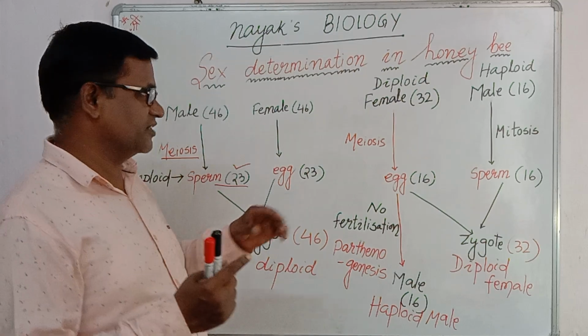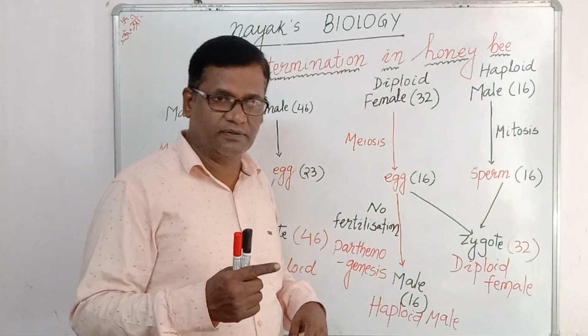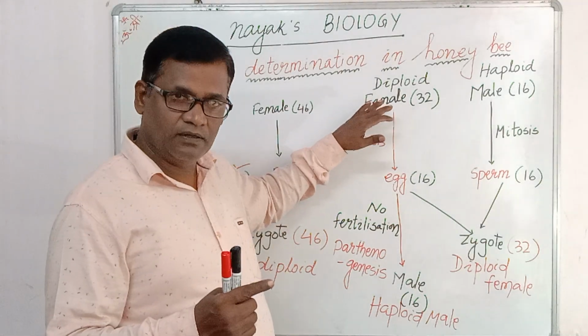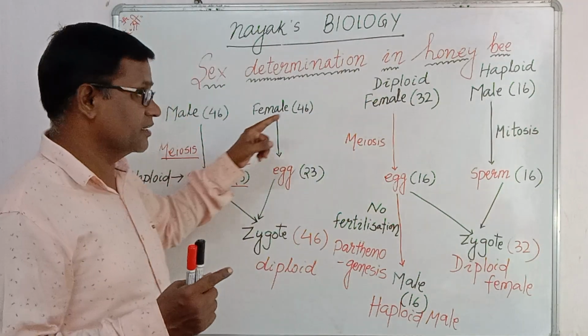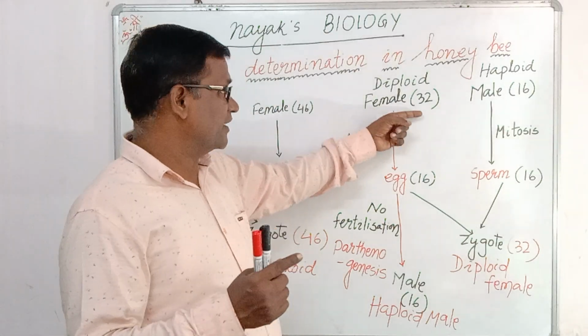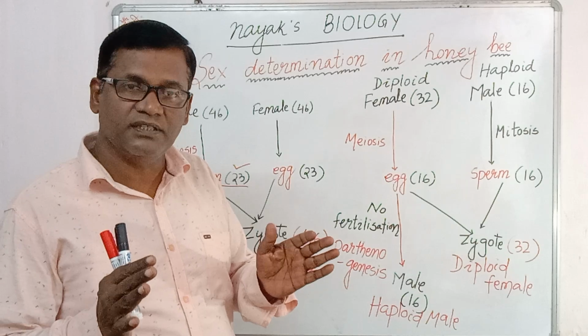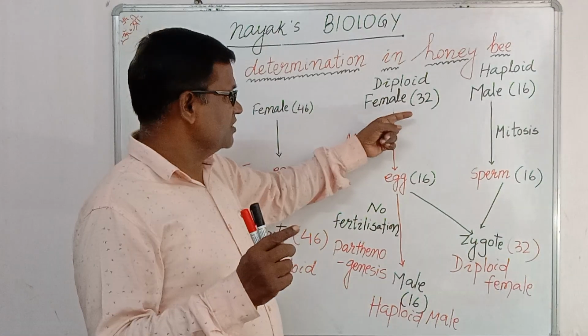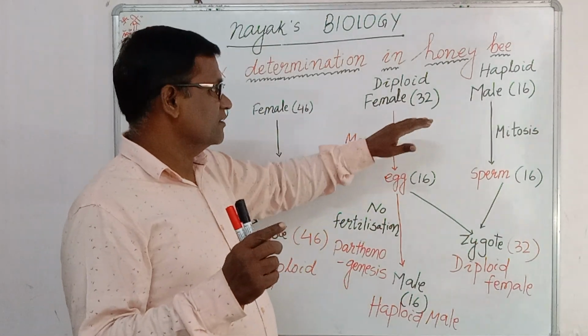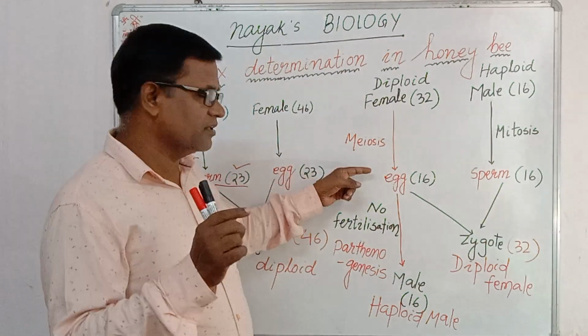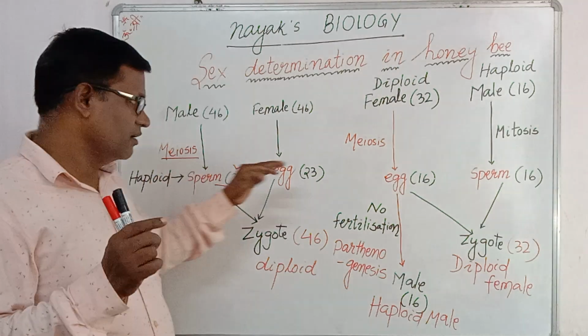Now we are trying to understand sex determination in the honeybee. In the honeybee, the female is diploid, as in our case. But why do I write 32? Because the full set of chromosomes in the honeybee is 32. The 32 chromosomes represent the diploid, and it follows meiosis.